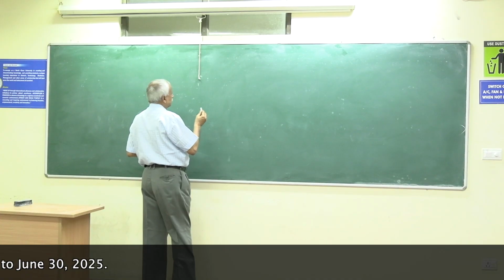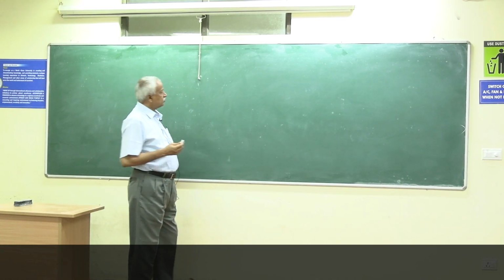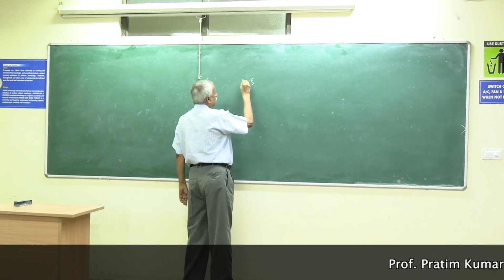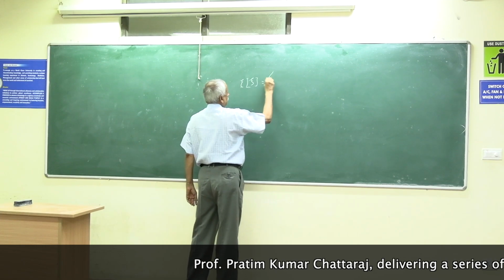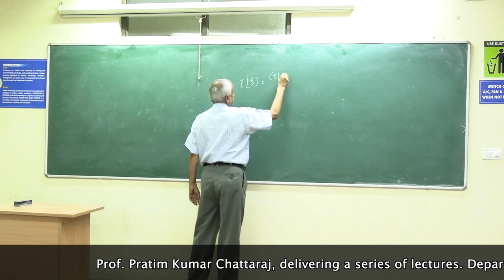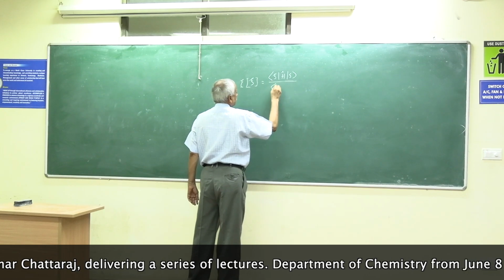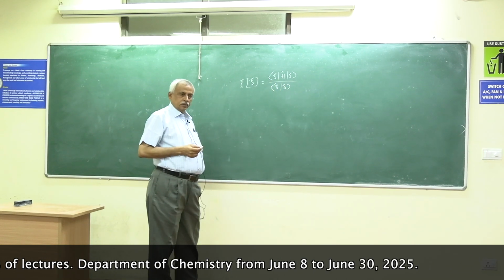So what we have seen is that in the variational method you have to start with a trial function, and then you construct some energy functional like this. I am writing this Hamiltonian, but for the electronic problem, in fact, this would be your electronic Hamiltonian.